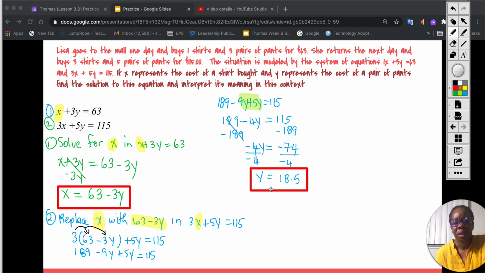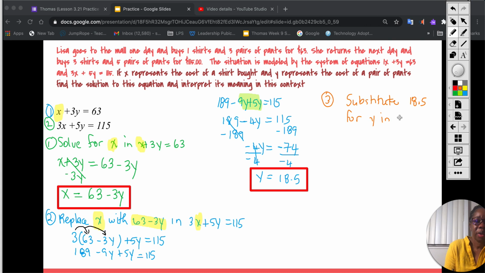Now we need the numerical value for x. So what are we going to do? Step 3, we are going to substitute $18.5 for y in our first equation, x plus 3y is equal to 63.